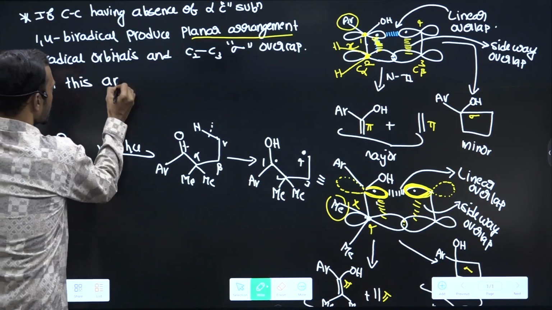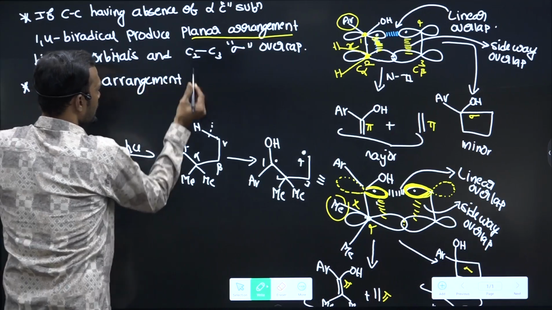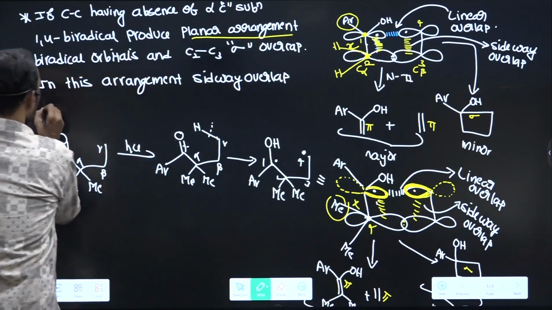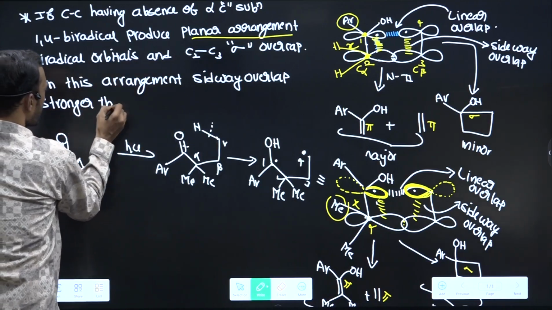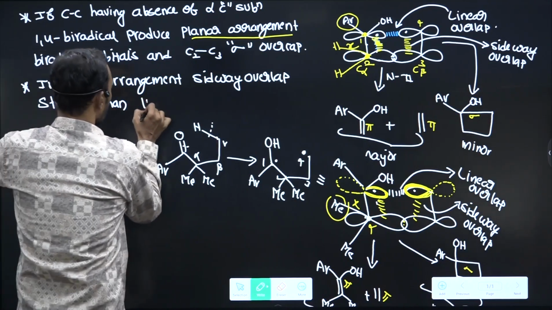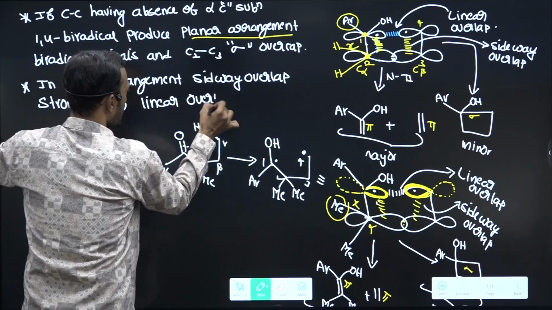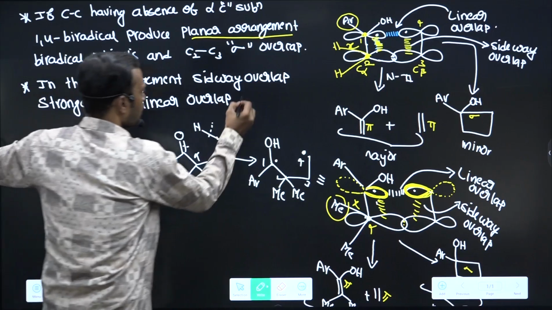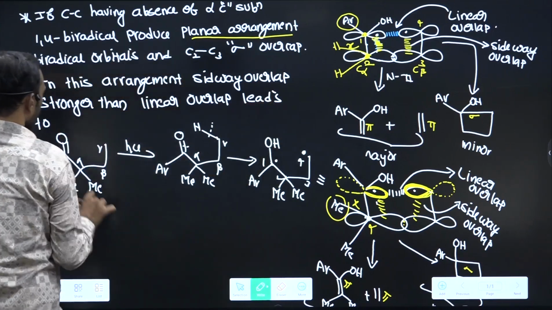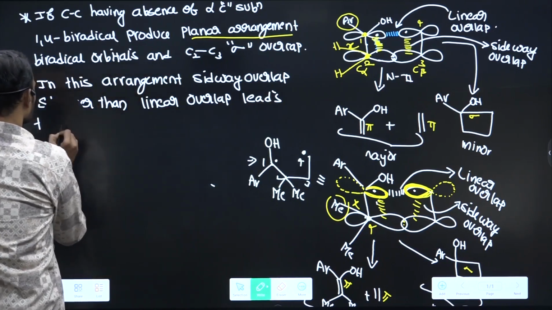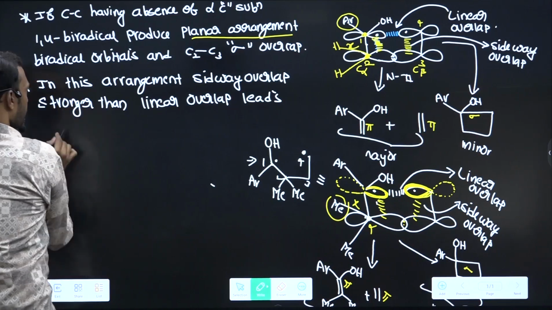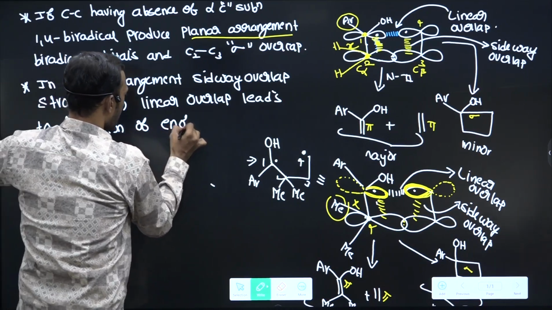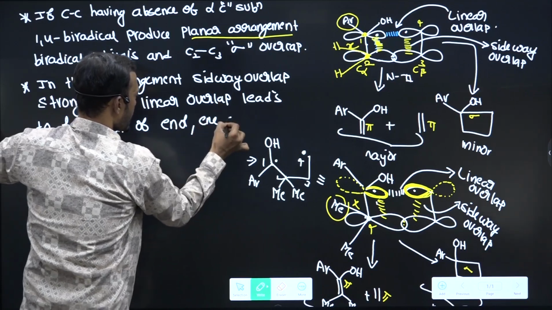So in this arrangement, sideway overlap is stronger than linear overlap, which leads to formation of enol, ene as a major product.